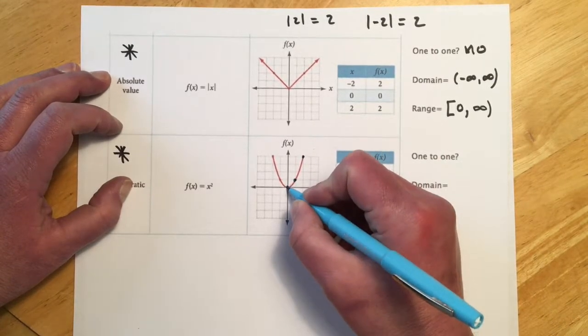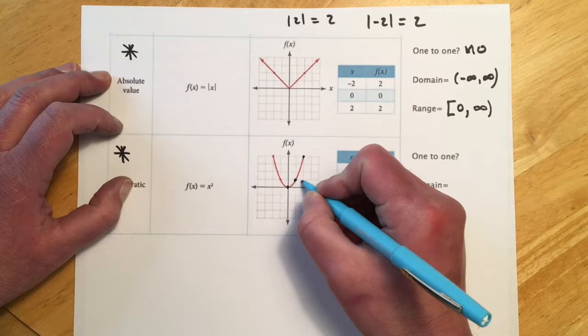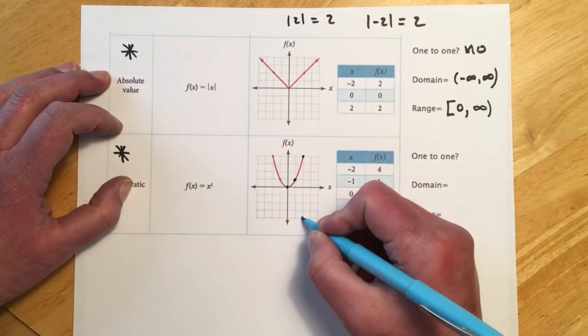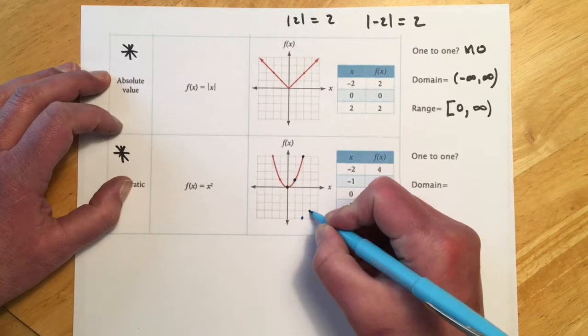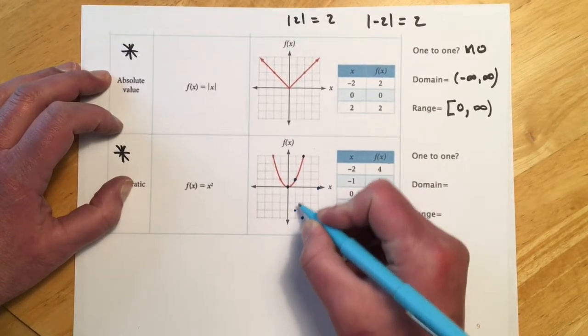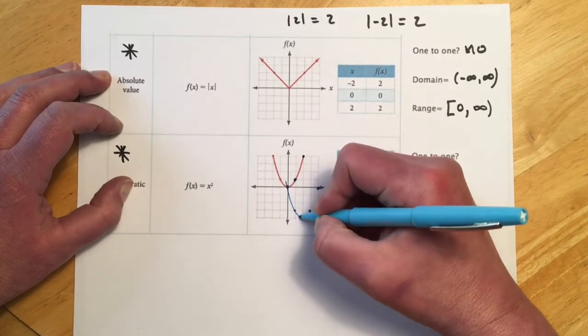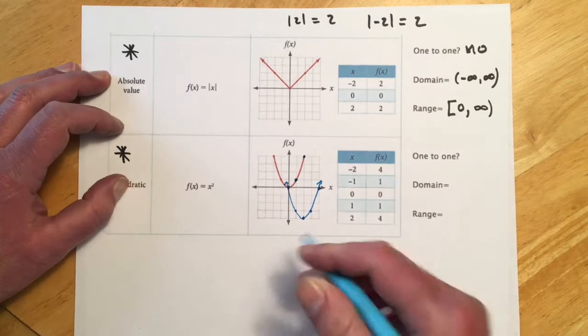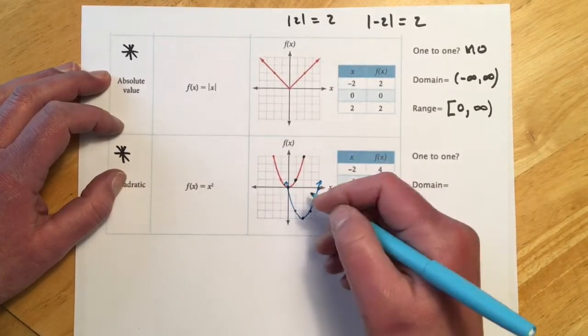So I think, okay, it goes over 1, up 1, and I make a point, and then it goes over 1, up 3, and I make a point. So if I wanted to copy that shape down here, I just go over 1, up 1, make a point, over 1, up 3, and make a point. And then I just make matching points on the other side. And then there's my, what's called a parabola, or quadratic, shifted down and to the right.